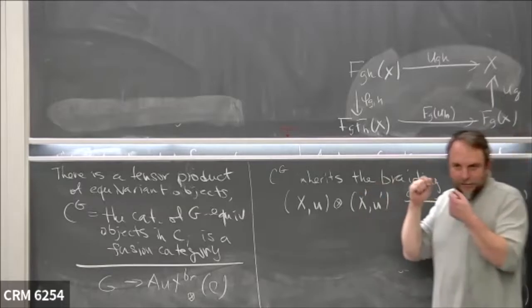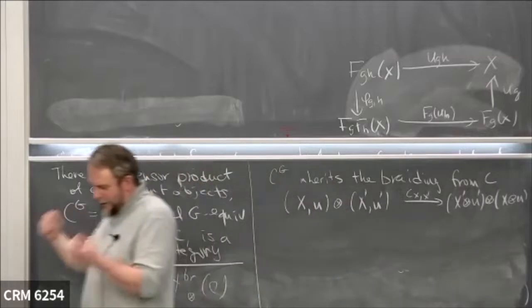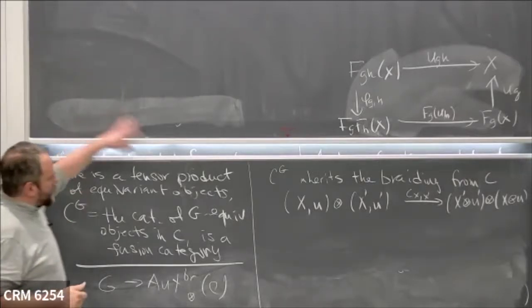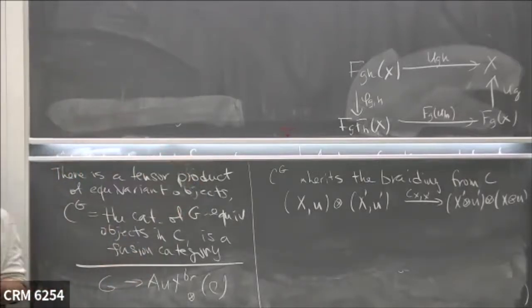So again, you can guess that a morphism in the equivariant category is something that commutes with the equivariant structure, right? Again, I would probably need to draw another couple of diagrams, but as you see, I'm not very good at it. Okay, so I'll leave it as an exercise then.